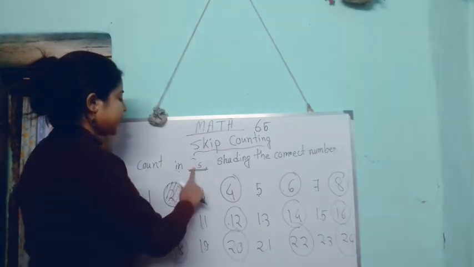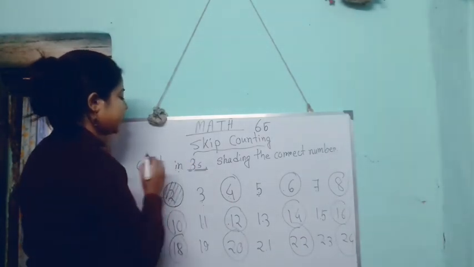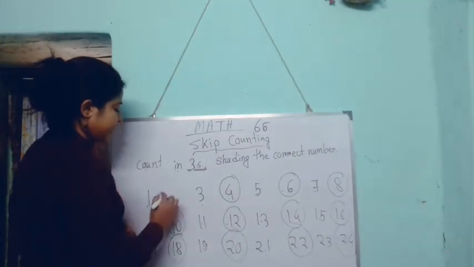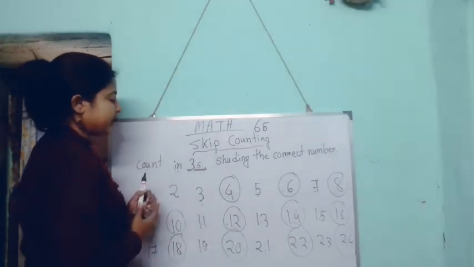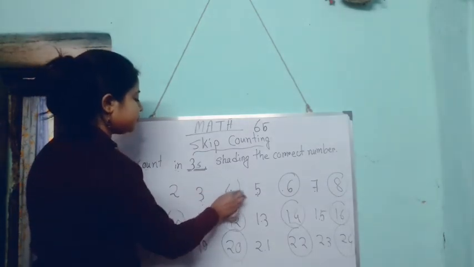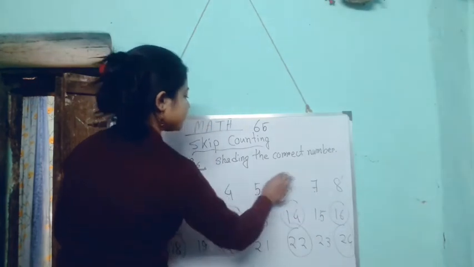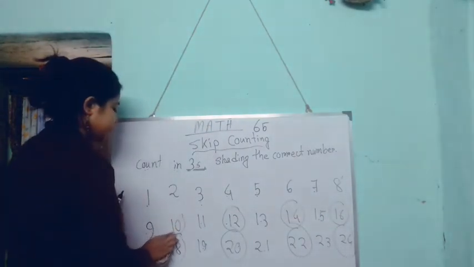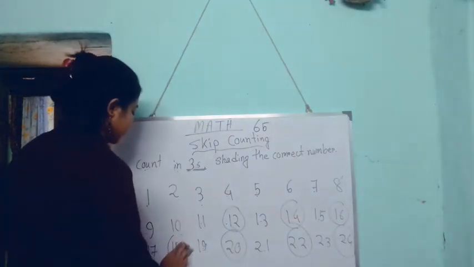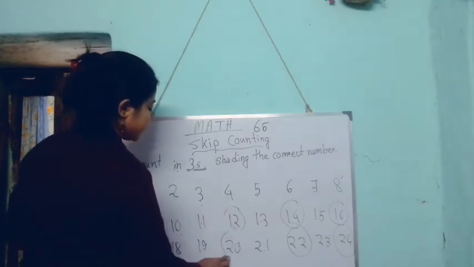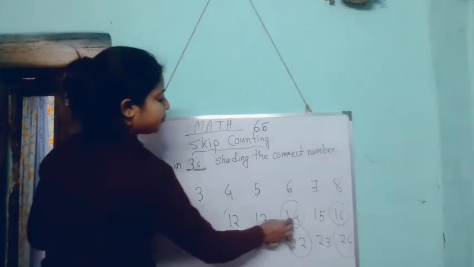If it was saying that you have to count by 3s, then what do we have to do?